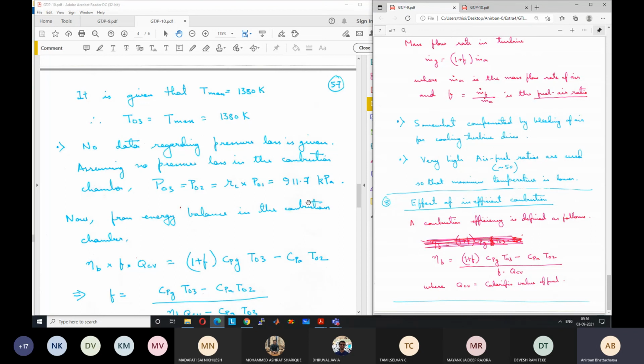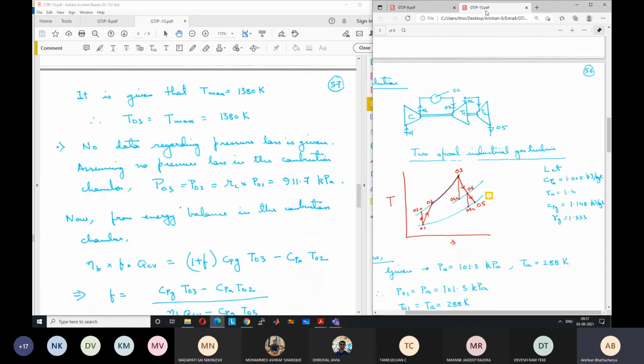This is what we are going to use. You can do the energy balance also. The change in energy is (1 plus F) CPG T03 minus CPA T02, and this is equal to the combustion efficiency into calorific value into F. From here, we will calculate.